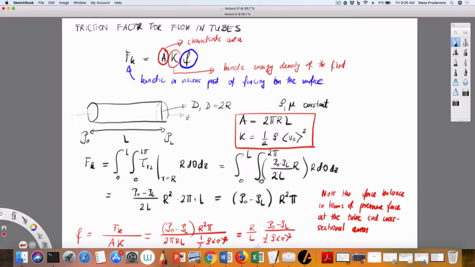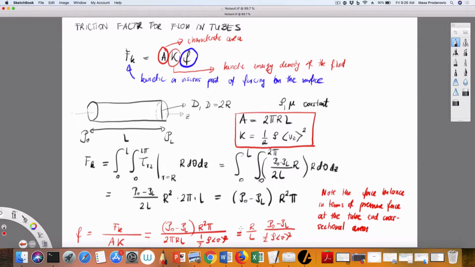Kinetic energy is 1/2 mv squared, right? So kinetic energy density is 1/2 rho v squared. And then I just have a multiplication by 1/2 here. And this is what we define as the so-called Fanning friction factor.